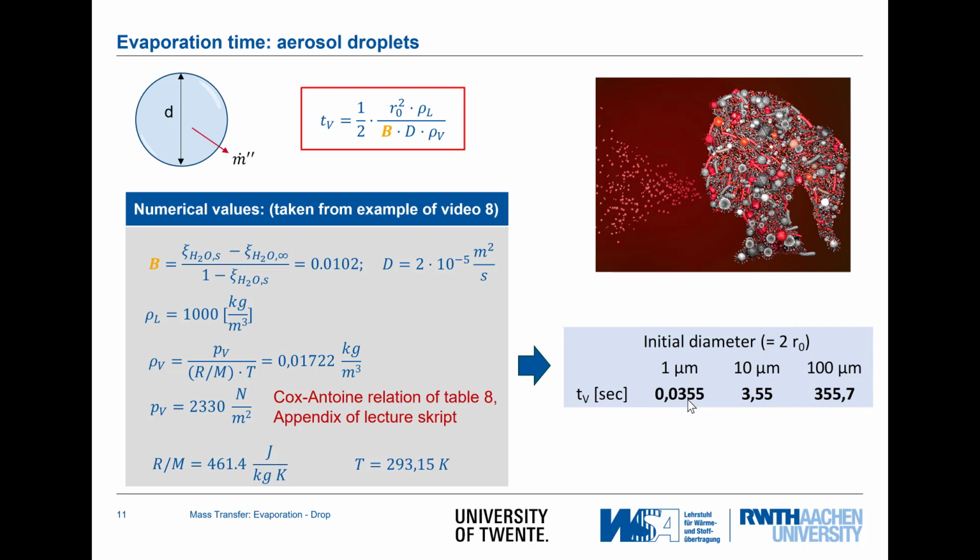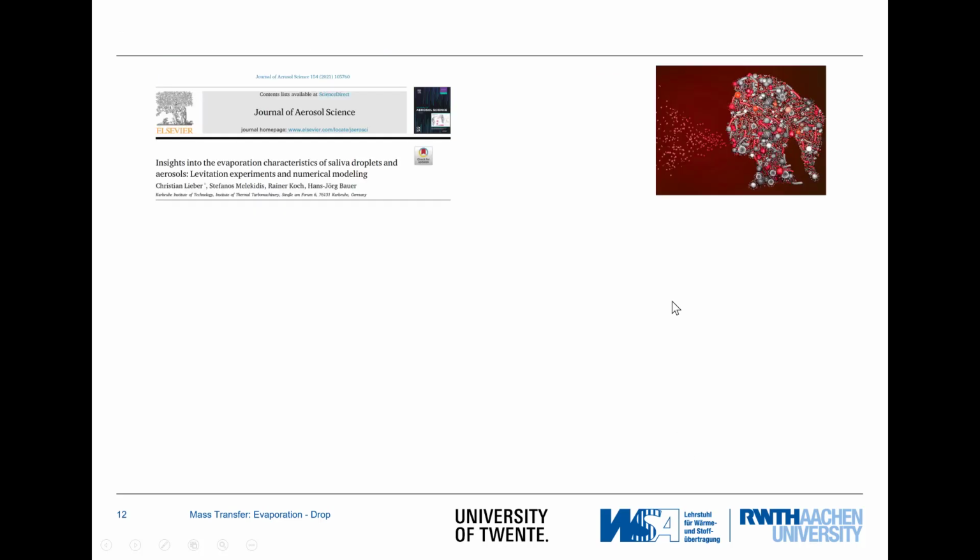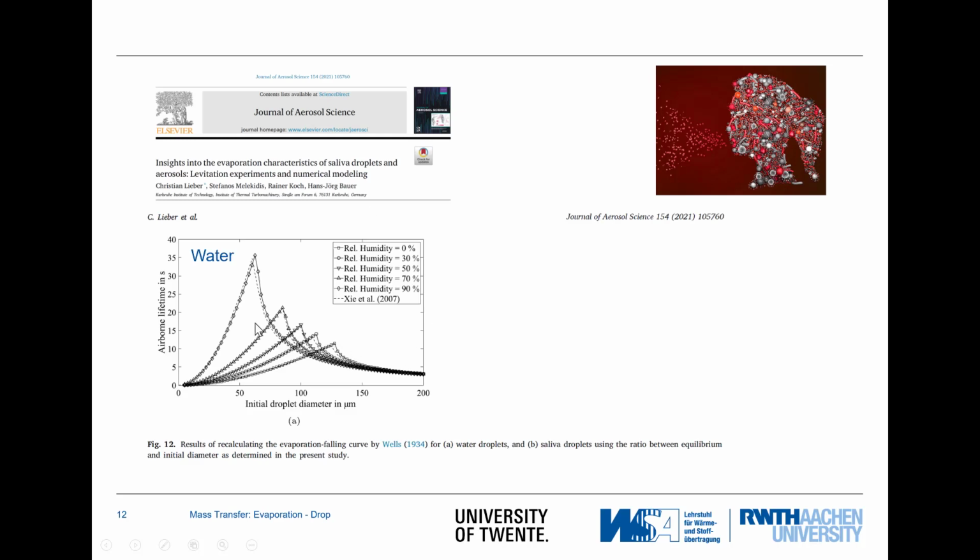And now let's test if this very simplified equation then hits reality. For this I have taken a recent publication in Journal of Aerosol Science from colleagues from Karlsruhe University, and they have looked at water, for example, and I will compare that in a minute to another liquid that's even more important. And you see here curves.